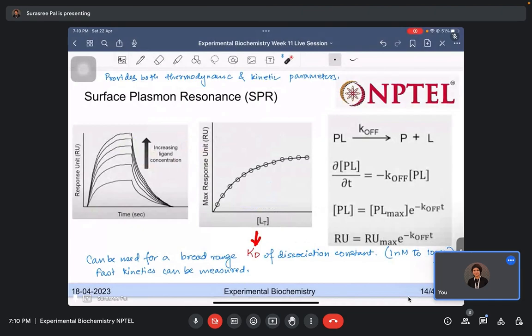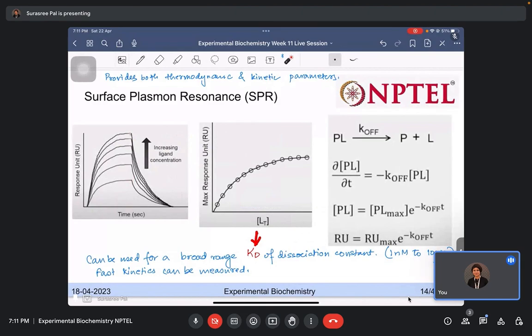As we go up, the ligand concentration is increasing, so more and more ligands are flowing through the flow chamber. Therefore, the response will also be higher because more and more proteins will bind to the ligand. So when we increase the ligand concentration, the response also becomes higher, and this response is plotted against time.